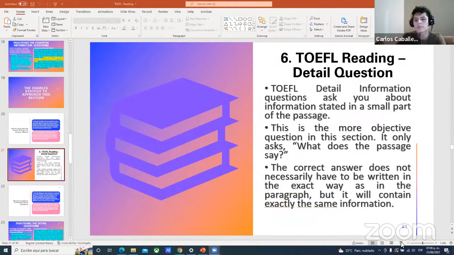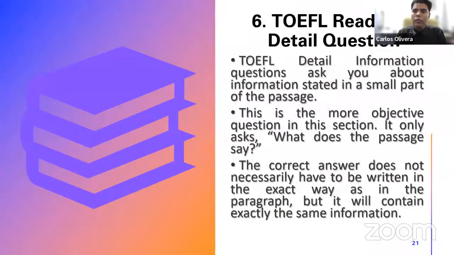Okay, awesome. Now, as I was saying, question type number 6 is basically the detail questions. As you can see on my screen, detail questions ask you about information stated in a very small part of the passage. This is the most objective question in the section.